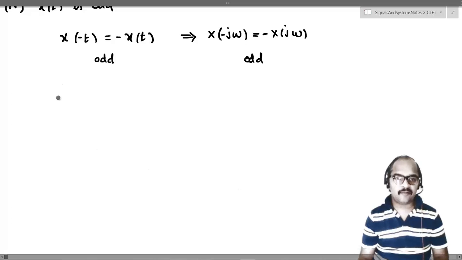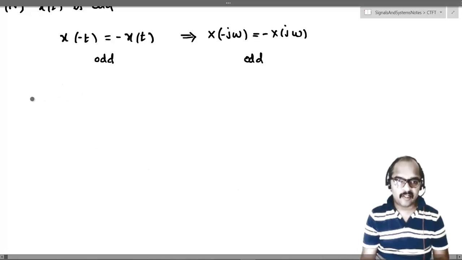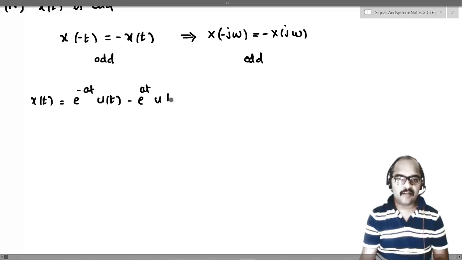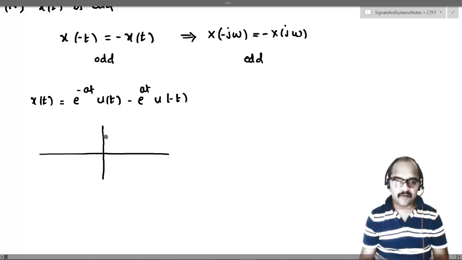Yes, we will take a small example. Let us take the fourth example, x of t equal to e power minus a t u of t minus e power a t u of minus t. If you plot this function, it looks like this. We have seen this already.